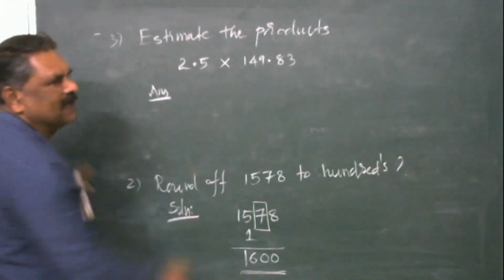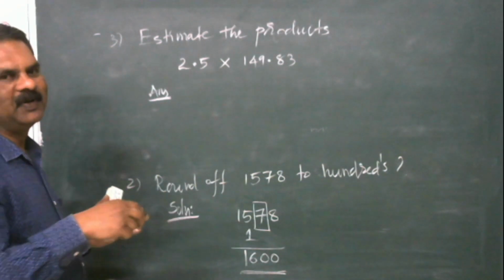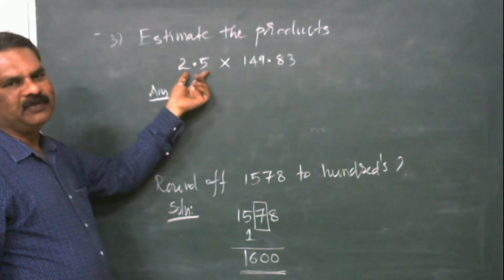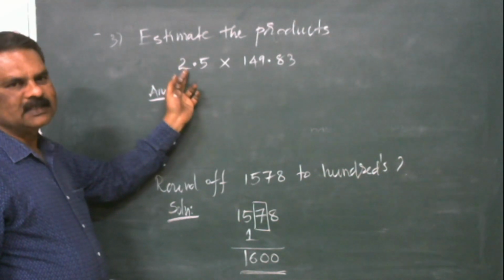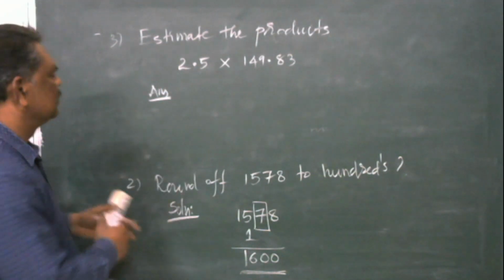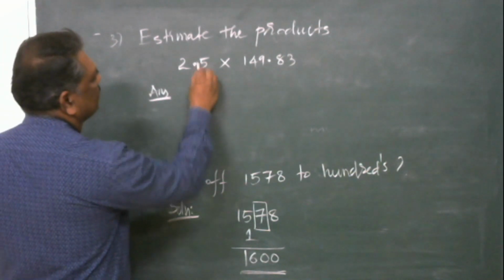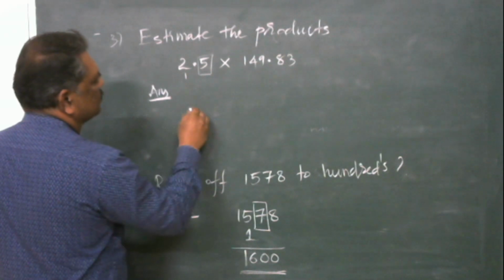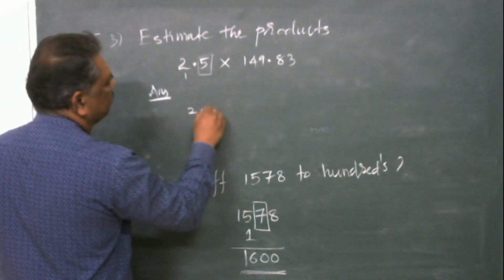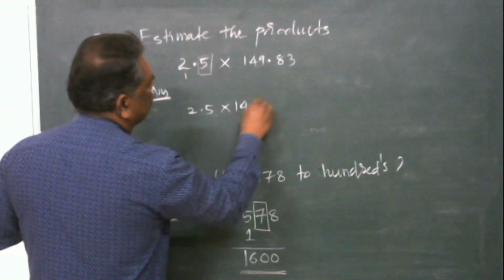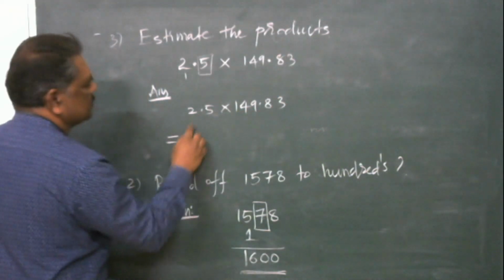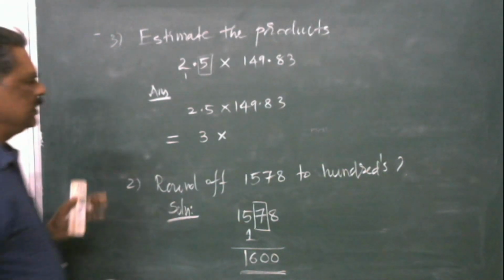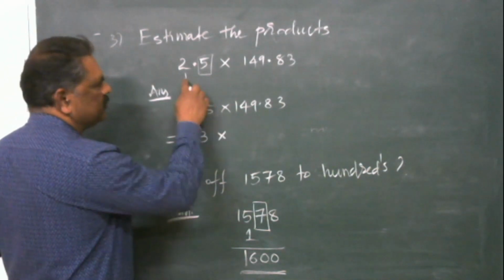If we estimate to tens, 0 will be there. So, using the general rule, 2.5 we need to estimate to the nearest ones. It is 5 or more than 5, so we need to add 1. So this 2.5 becomes 3 at the nearest unit place.